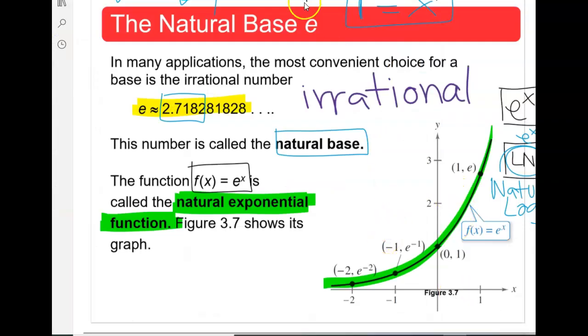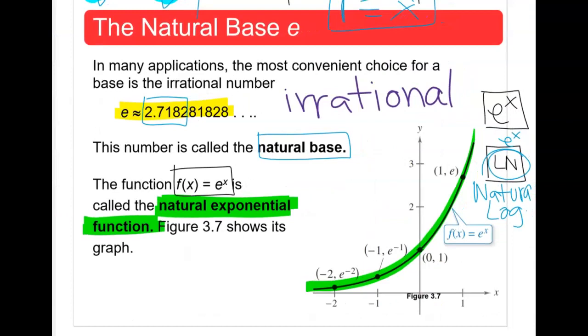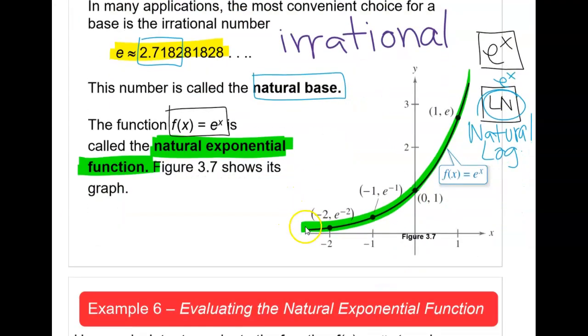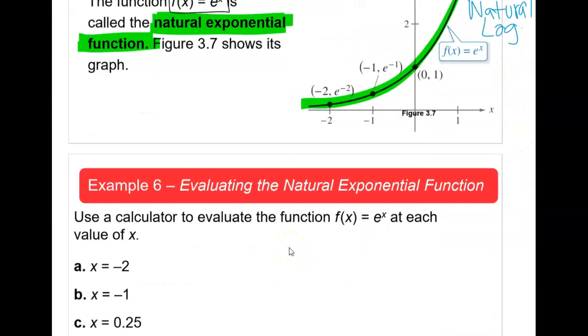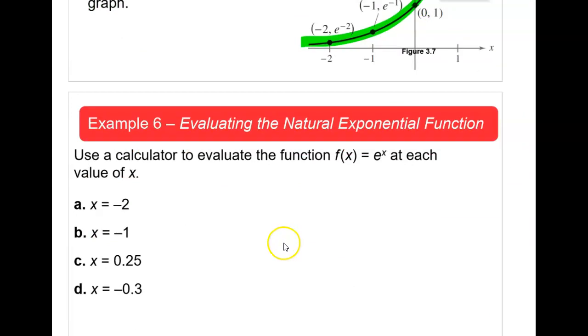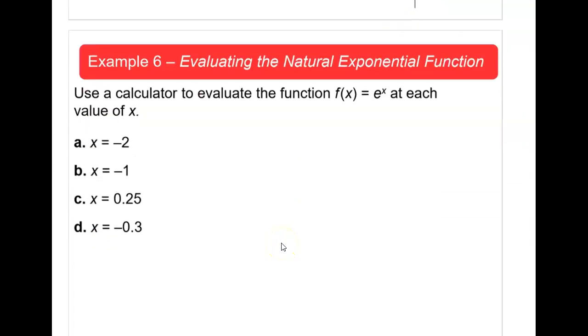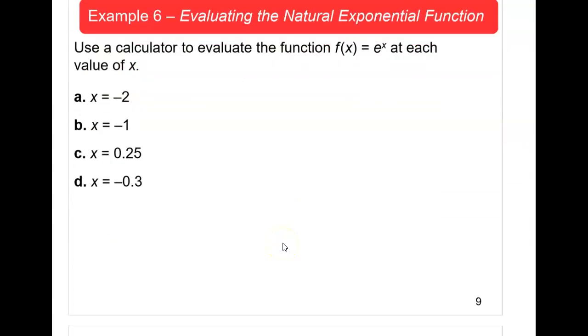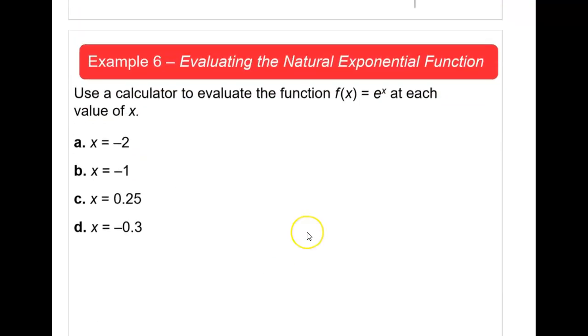Okay, let's see, it is increasing if it's in that form. Now it says here to evaluate this with your calculator. Since we already graphed it on decimals, let's just go ahead and enter the x values and get them from there. So we're going to need -2, -1.25, and -0.03.